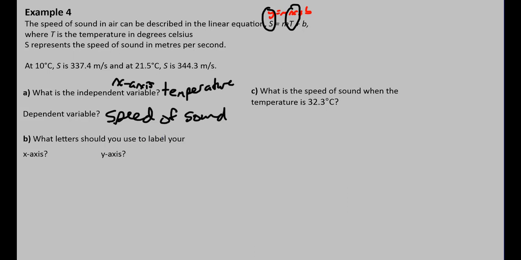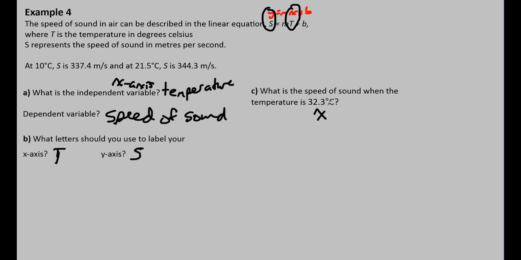And what letters should you use to label your x-axis and y-axis? This time, for the x-axis, you're using the letter T, and the y-axis should be labeled as S to represent speed of sound. So when you're now calculating what is the speed of sound when the temperature is this, that's giving you an x value because it's temperature.